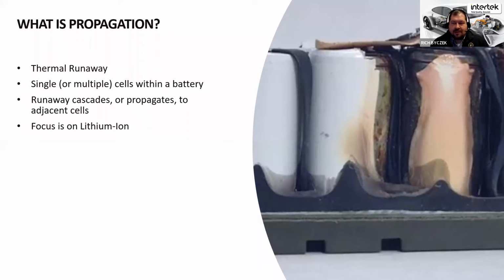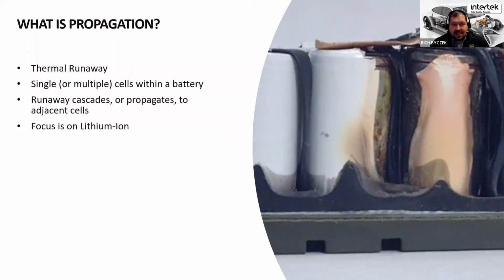We look at propagation, meaning that when a single cell goes into some level of thermal runaway, it propagates or cascades from that cell that was already damaged or compromised to the adjacent cell, which may or may not have had a similar damage or compromised situation, but rather just the heat and fire created from that first cell actually causes the second cell to have a similar reaction, and then potentially you cause a chain reaction throughout the battery.